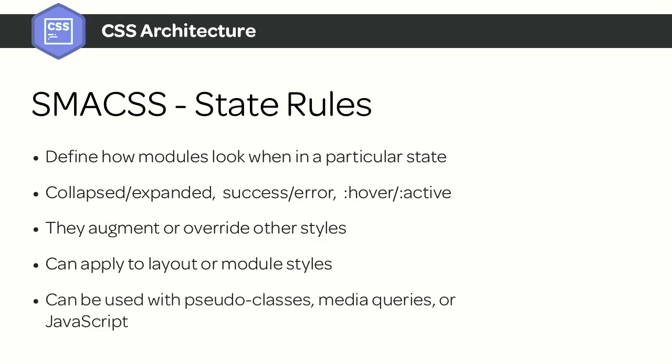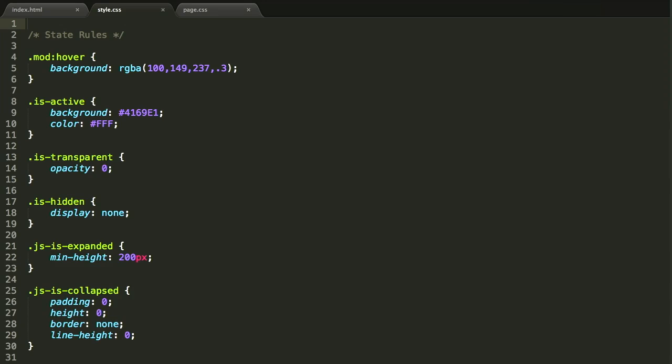State rules can also be used with pseudo-classes, media queries, or JavaScript. Now, examples of state rules are, as we can see here, the hover rule for mod, maybe an active state or a transparent state. We also have these hidden states and maybe a JavaScript-specific state for expanding or collapsing elements.